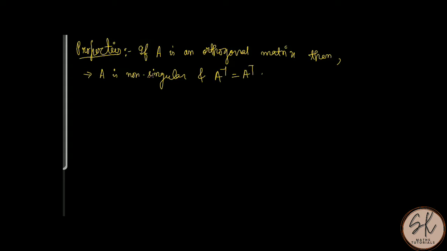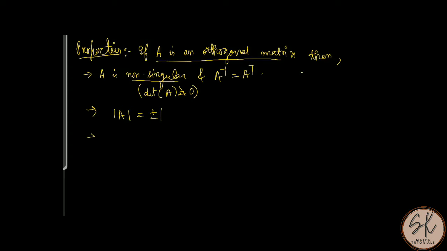A is non-singular means determinant of A is not equal to 0. Next, determinant of A is equal to plus minus 1. If A is any orthogonal matrix, then its determinant is going to be plus or minus 1.